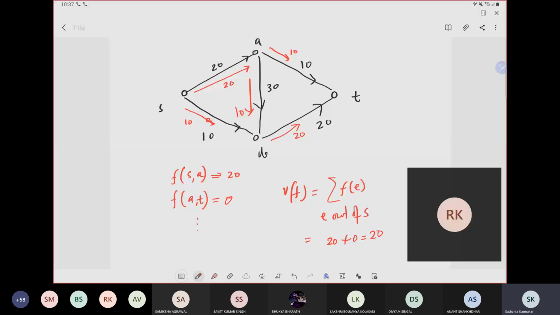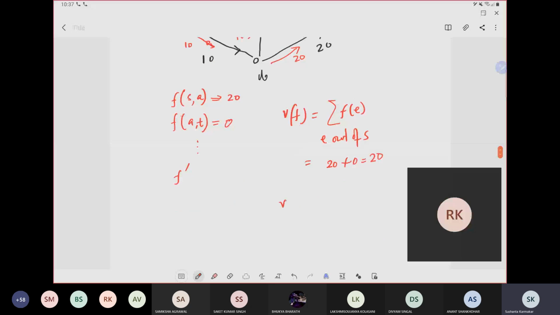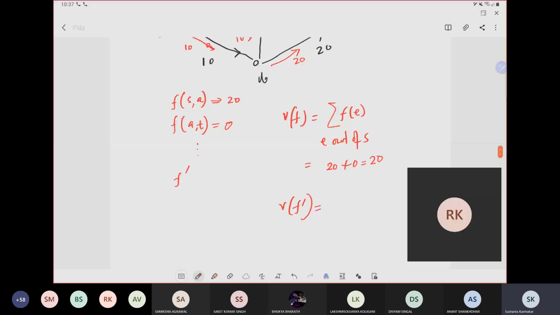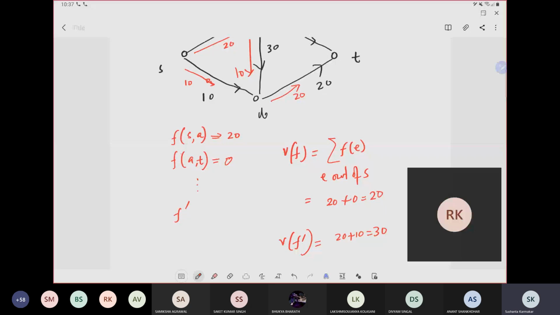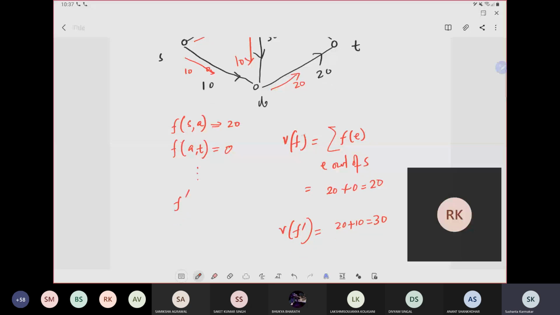If this is the assignment, and this function I designate as f dash, then I can clearly say the value of f dash is equal to 20 plus 10 equal to 30. So that means in the first assignment, the value of f is 20.